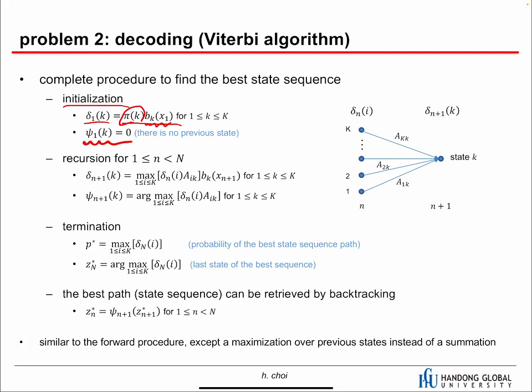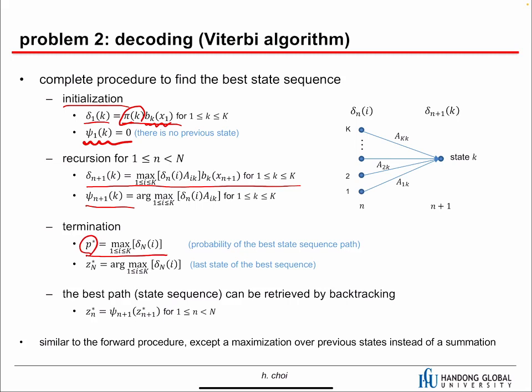And psi 1, because there is no previous state, is just 0. And recursively, we can update this delta and psi. These equations are from the previous slide. And then at the end of this recursion, we can calculate the probability, delta. This one is the probability of the best state sequence path.